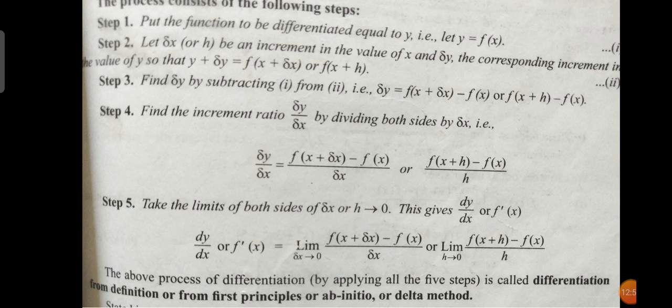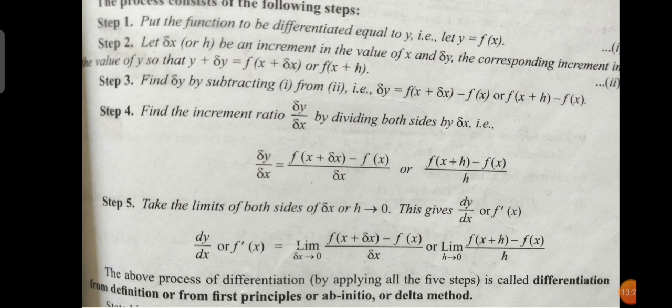Then, subtracting, delta y is f of x plus delta x minus f of x, or f of x plus h minus f of x. You divide both sides by delta x and take the limit as delta x or h tends to zero.